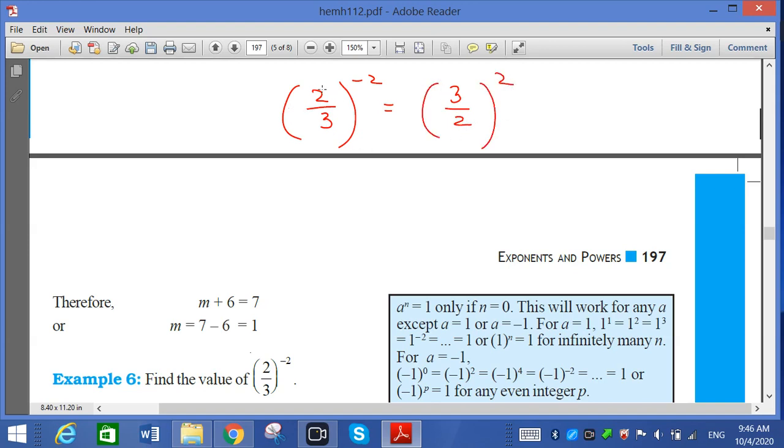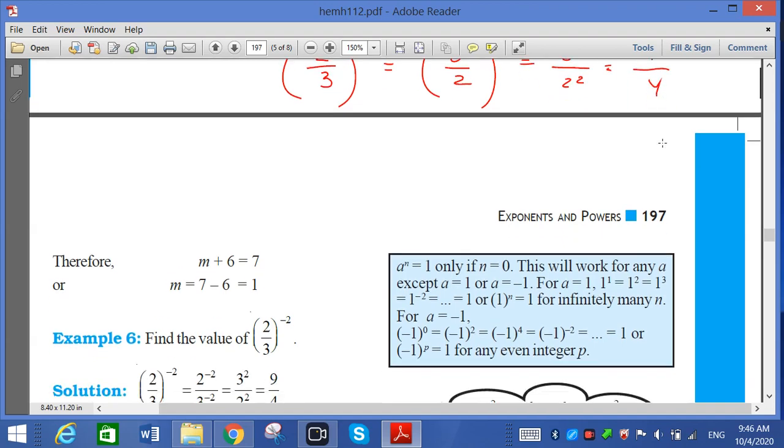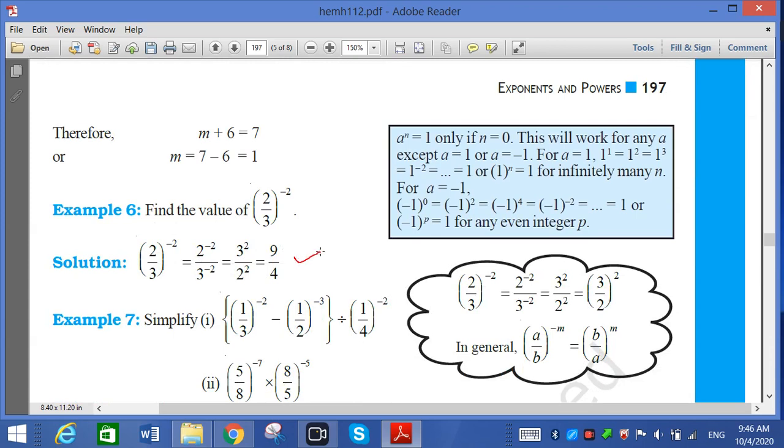If I want to remove this negative sign, you have to convert numerator into denominator and denominator into numerator, it is called the multiplicative inverse. Now 3 the power 2 upon 2 the power 2, that is 9 upon 4. So here 9 upon 4 is the answer.